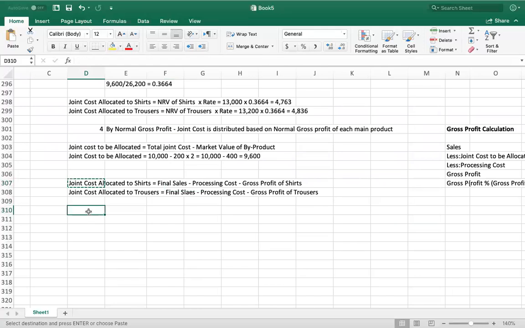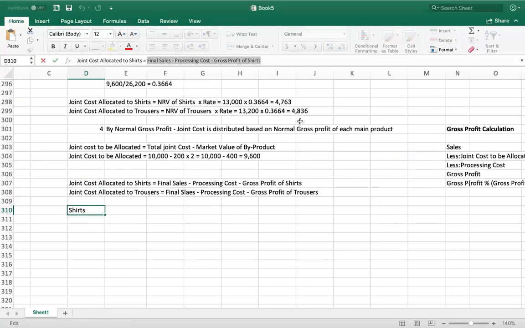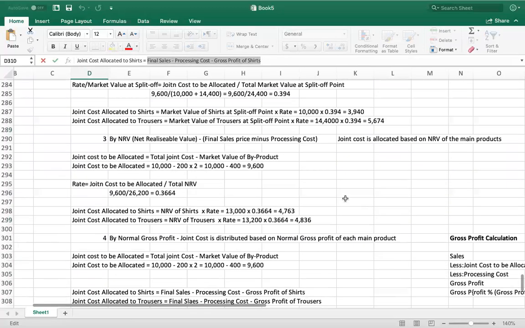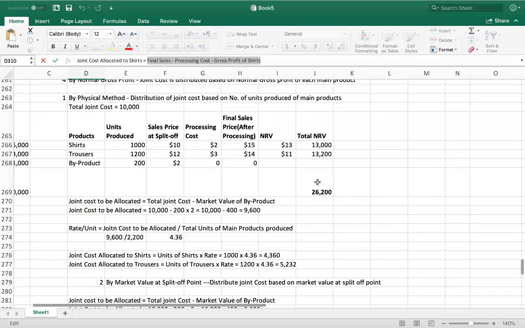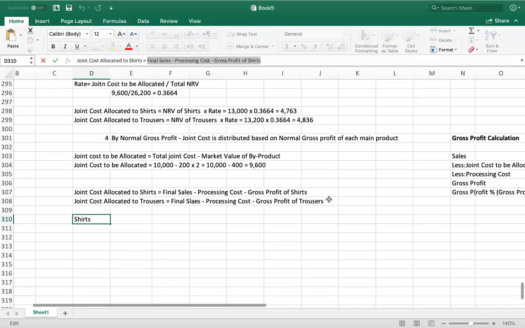So for example, what is our final sales price? Final sales price is how much? 15,000 minus processing cost.